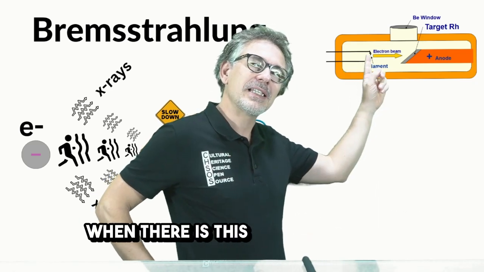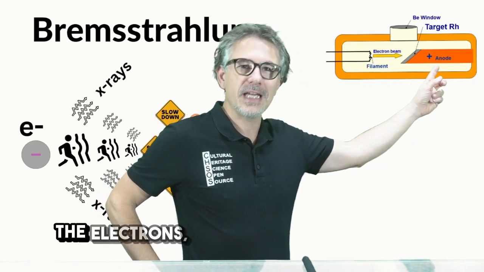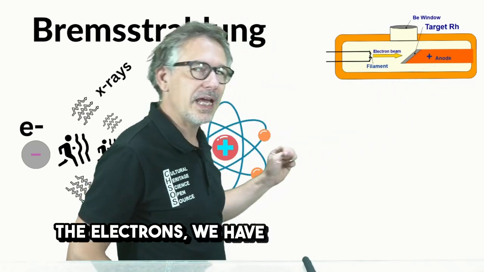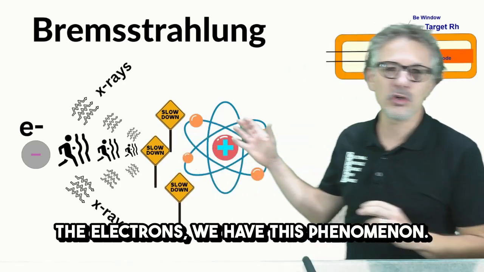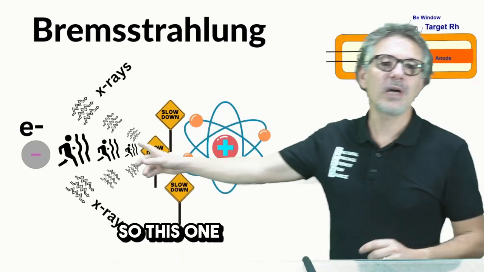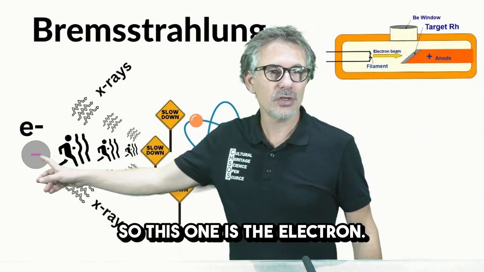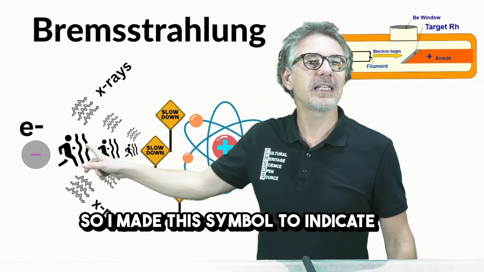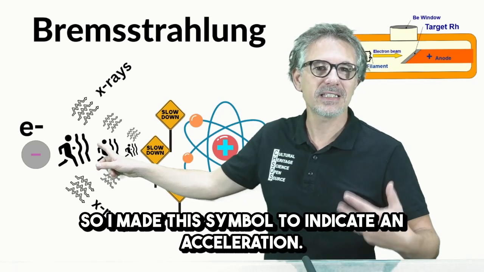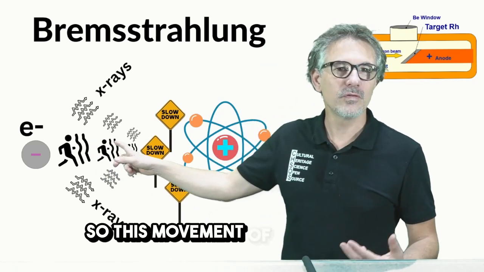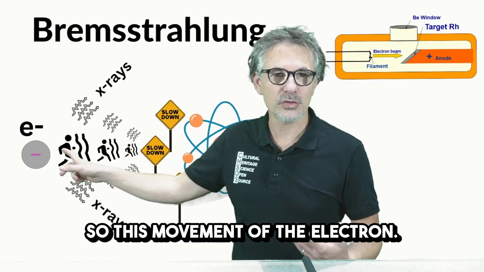When there is this acceleration of the electrons, we have this phenomenon. This one is the electron. I made this symbol to indicate an acceleration, this movement of the fall of the electron.